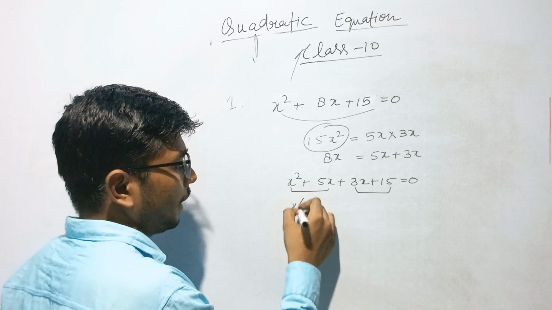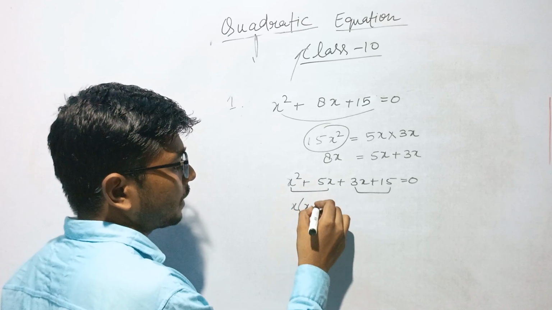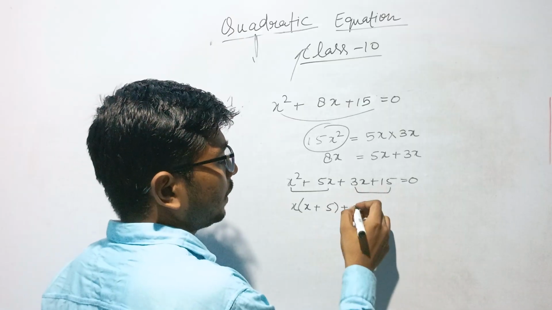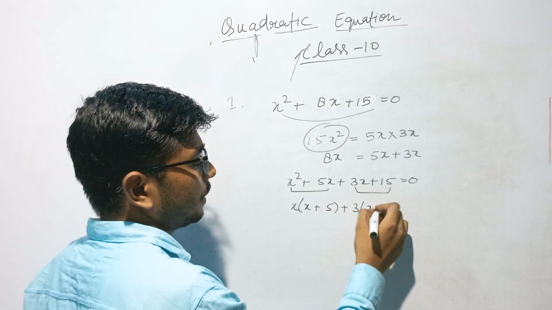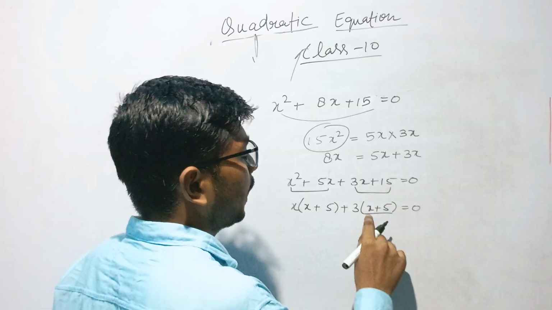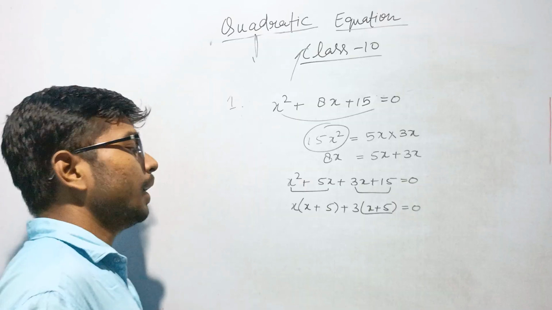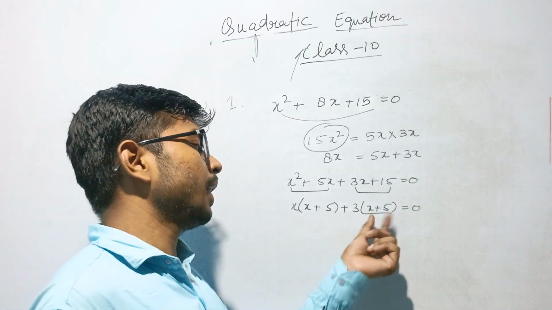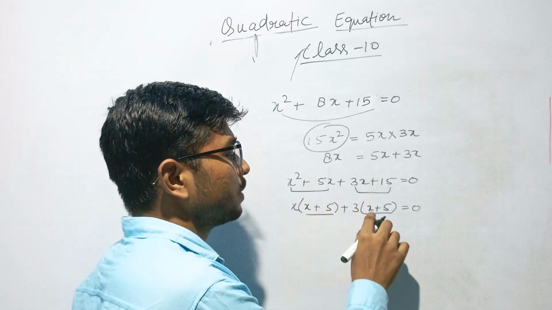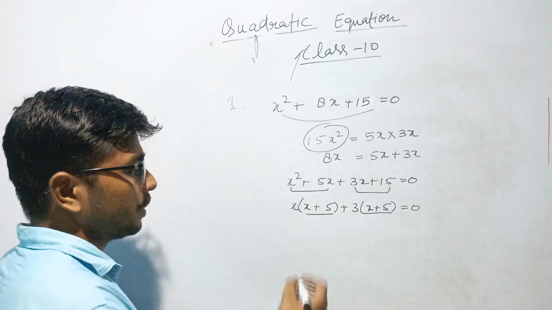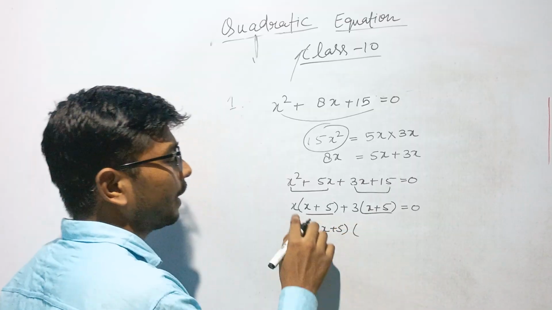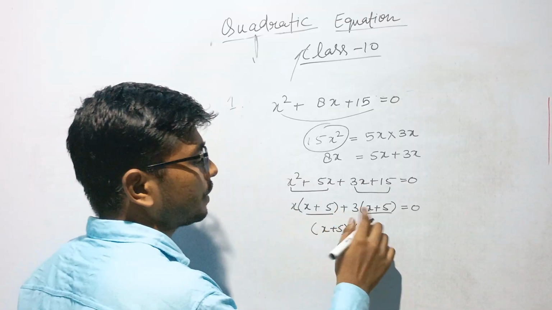So take common x, inside the bracket x plus 5, plus, if you take common 3, you write 3 fives are 15, so inside the bracket you get x plus 5. You have to remember, in both terms you must get the same term in the bracket, x plus 5. So this is the same, so I will write it as a single bracket, and the other will be x plus 3.